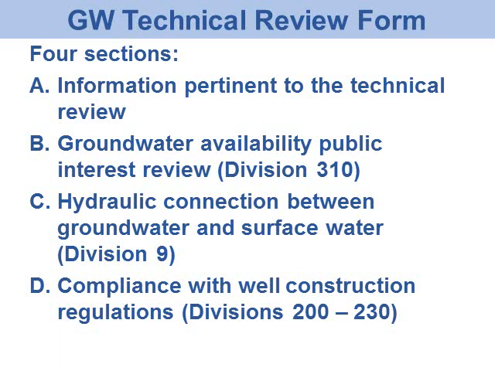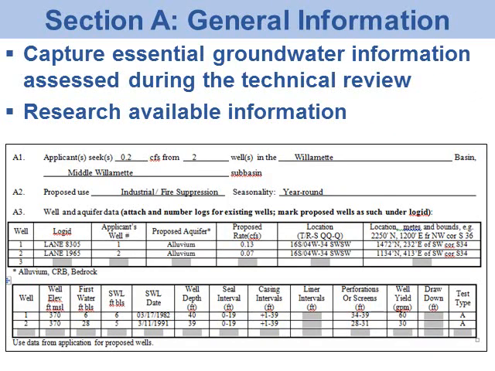So these are all the Division 310 rules. Section C is where we assess hydraulic connection between groundwater and surface water, our Division 9 rules. And Section D is where we assess compliance with well construction regulations in Divisions 200 through 230. So again, we're going to step through these sections in order. You can follow along on the form that you have there as a handout.